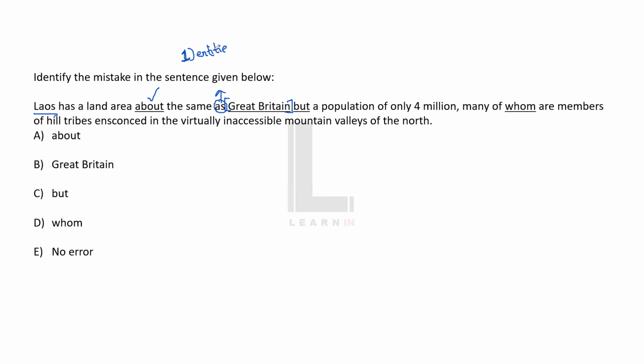Now, as soon as we see comparison, what is the first step that we should take care of? Entities. Now, what are we comparing in the first one? Anyone? Yes. We were comparing land area of Laos to land area of Britain. Are we doing that in this sentence?